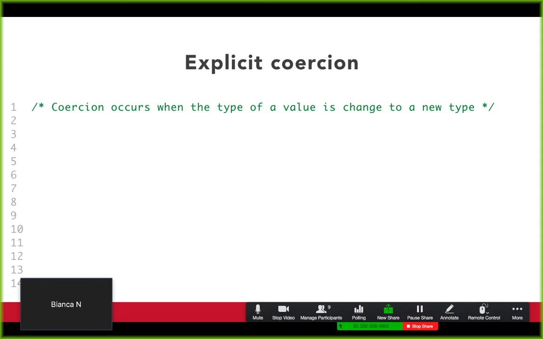In JavaScript, and in programming in general, coercion is a very common practice, which basically means we take one data type and we change it to another data type. That's all coercion is.